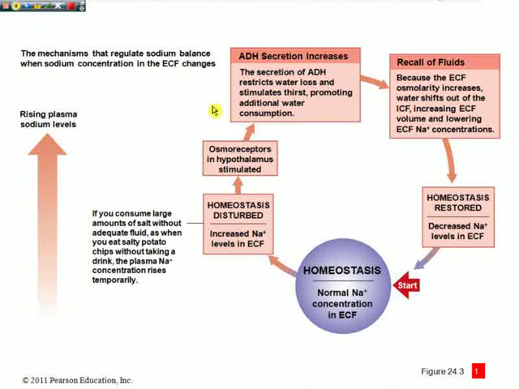That disturbance in the homeostasis stimulates the osmoreceptors in the hypothalamus. That causes secretion of ADH. And ADH, as you recall, is anti-diuretic hormone, which means that it tells the body not to diurese, to retain the fluid, also stimulating thirst, promoting additional water consumption.